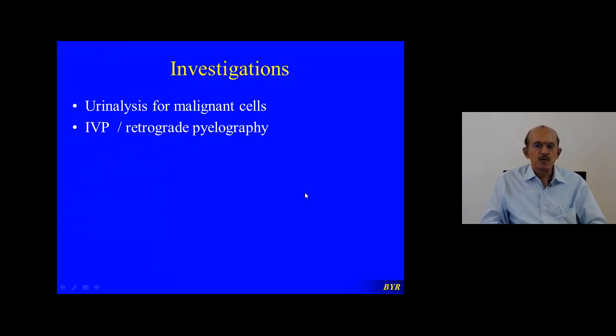Through the ureteric orifice, you pass a catheter into the ureter. Then inject the radiopaque dye into the catheter that is there in the ureter. So you will now demonstrate the ureters there. Because you are directly injecting into the pelvis and ureter, the shadow cast by the retrograde pyelography is clear.